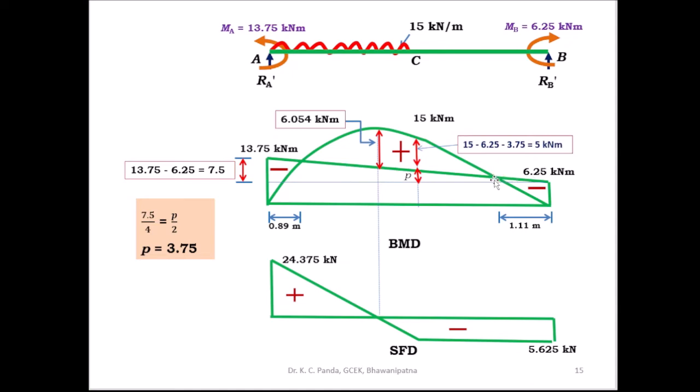Then you will get this point of contraflexure distance. Here you have to take one section and find out the bending moment, and equate the bending moment to 0. Then you get the point of contraflexure distance.